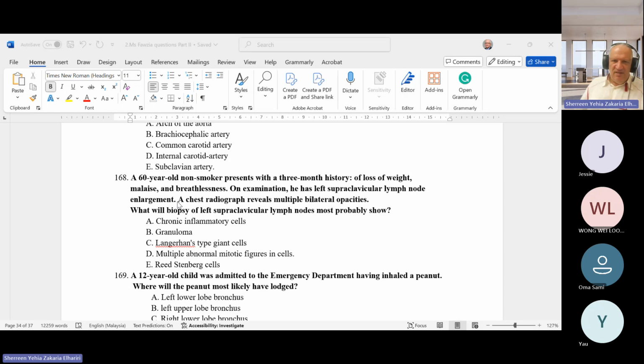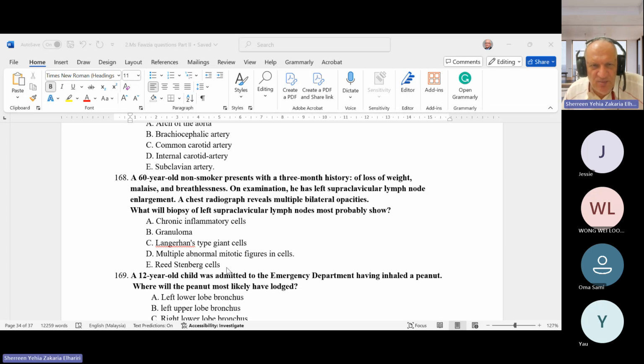Chest radiograph revealed multiple bilateral opacities. What will biopsy of the left supraclavicular lymph node most probably show? Of course, he doesn't speak about a specific tumor, just malignancy. If you come from the end, Reed-Sternberg cells are for Hodgkin lymphoma, and Hodgkin lymphoma is multiple lymph nodes, not a single lymph node.